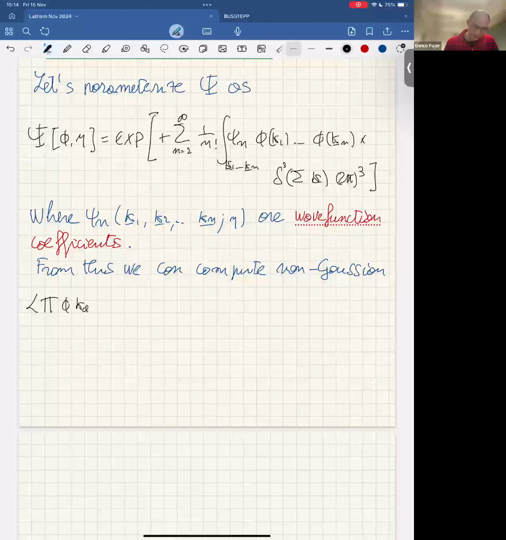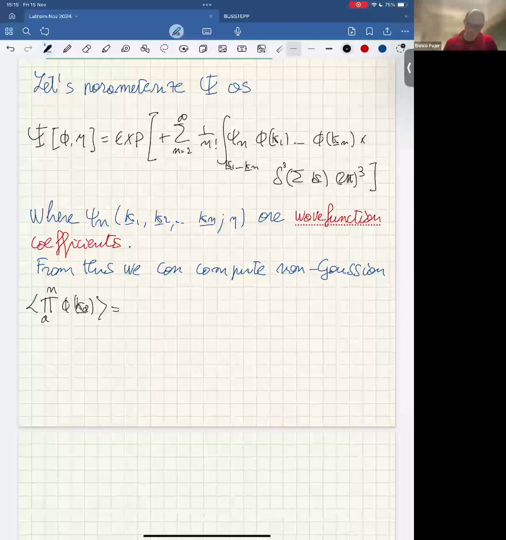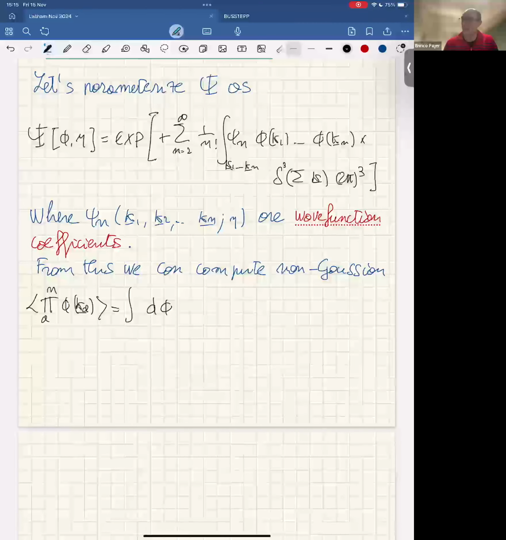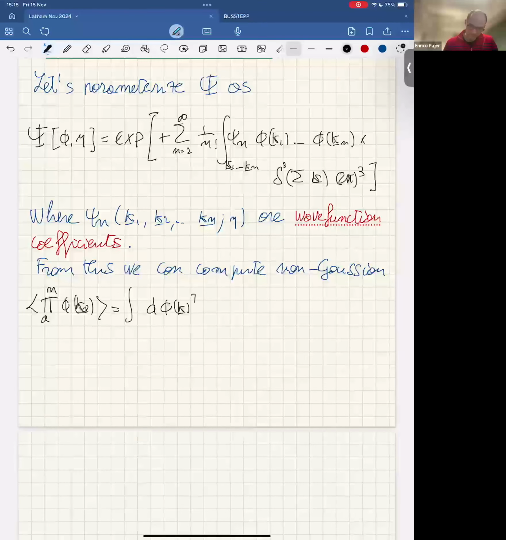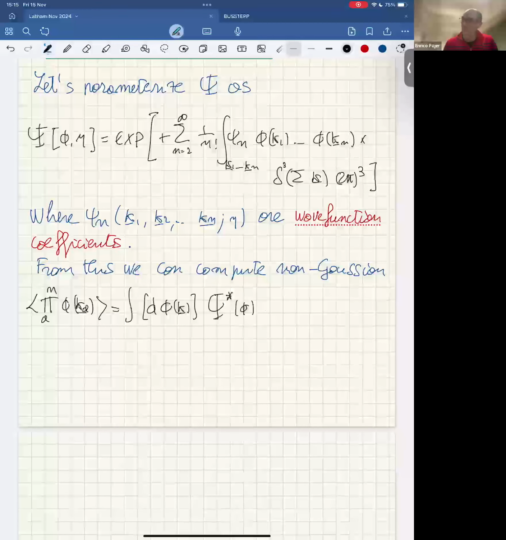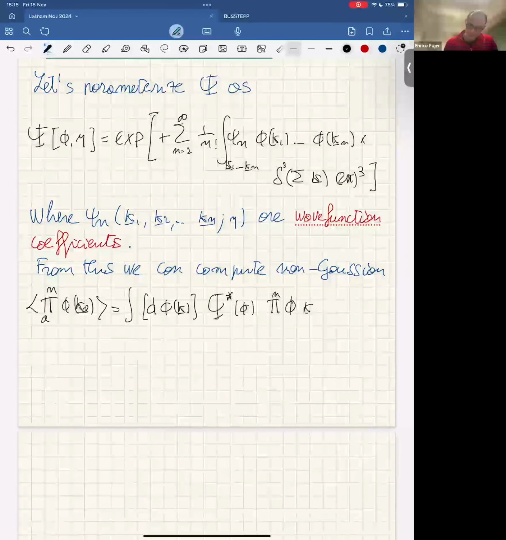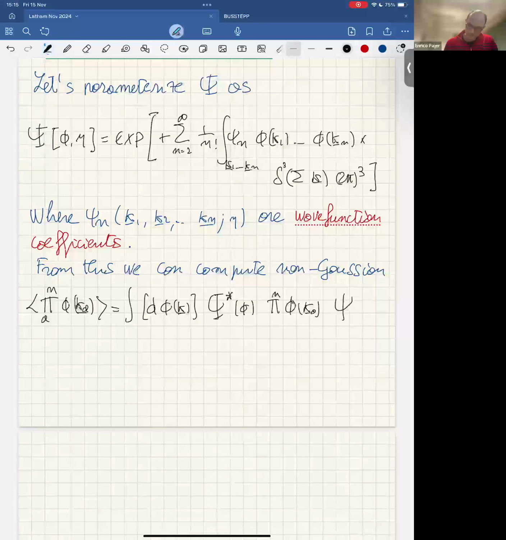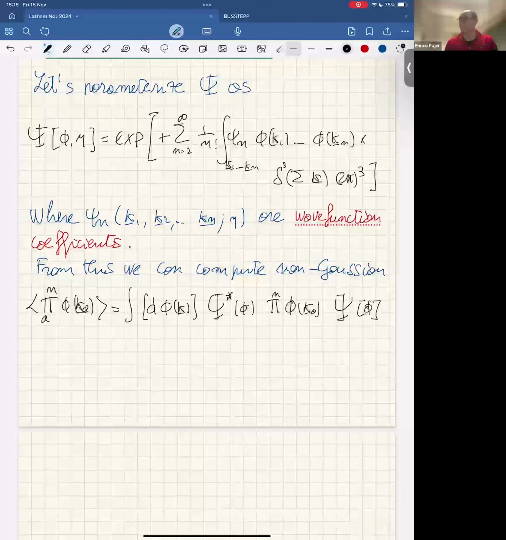So for example, the correlator of the product of n fields will again be given by this boundary average over all possible values of phi of the operators times the wave function squared. And this can be performed in perturbation theory.